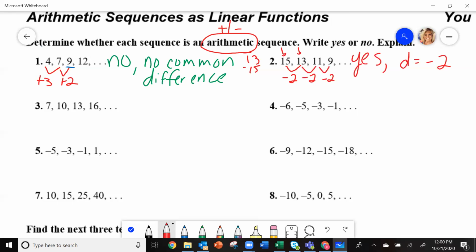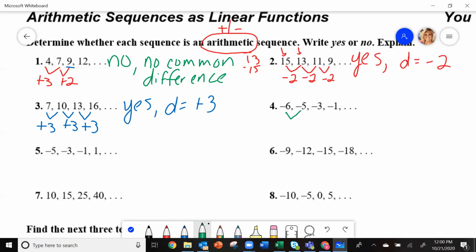On number 3, right here would have been plus 3, plus 3, plus 3. It is all the same, so the answer is yes. D equals +3. Number 4.